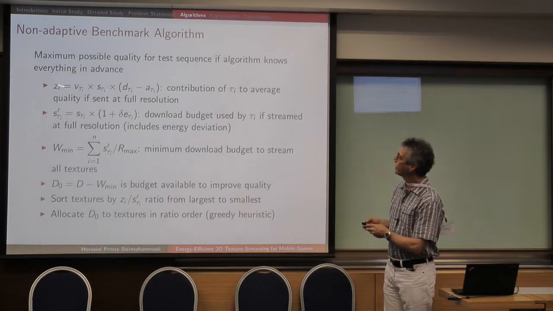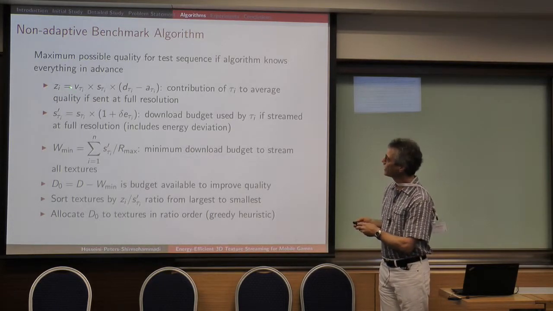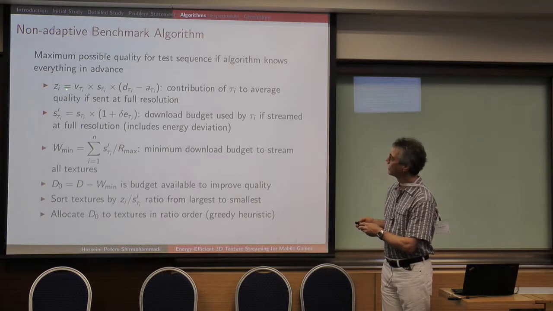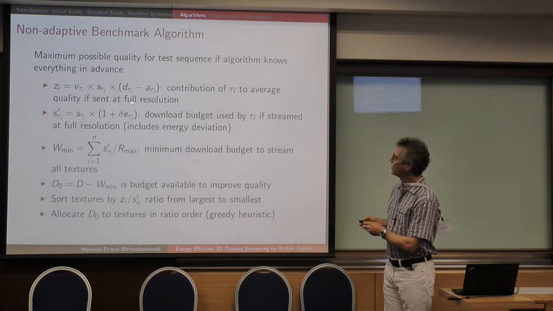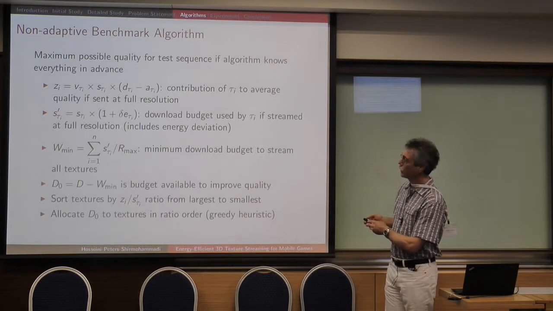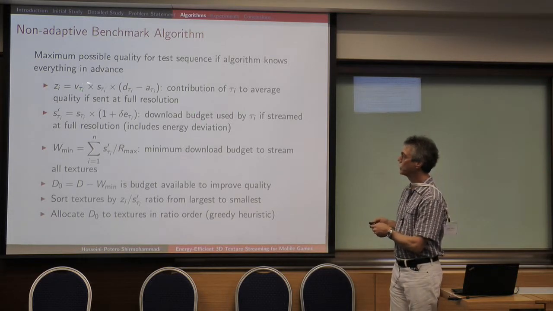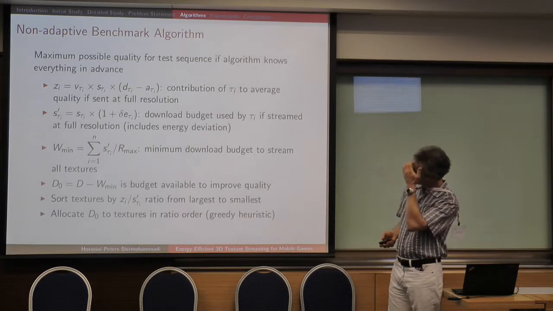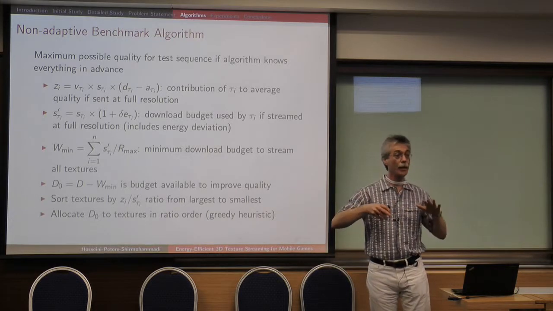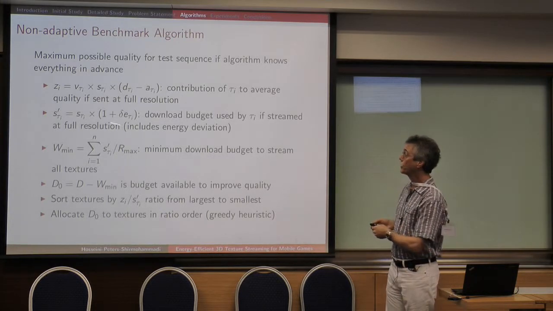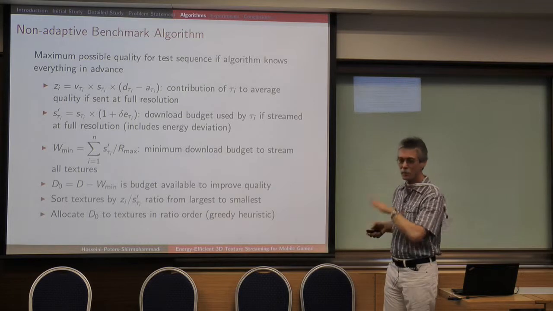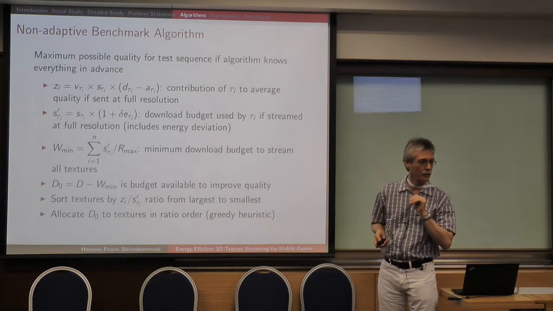So this is the contribution of this texture to the average quality if we don't do any scaling. So it's just its value times its size times the time that it was visible. And what we do here to account for deviations in the actual energy used is we're going to modify it.